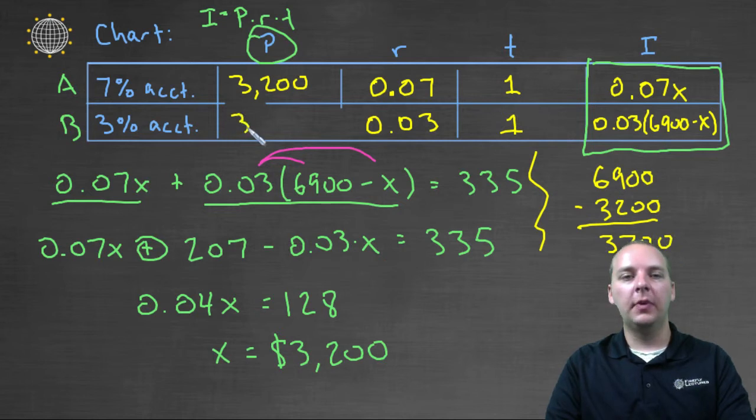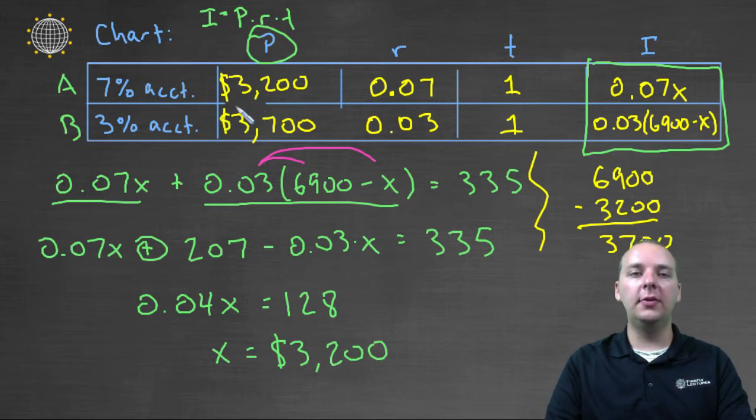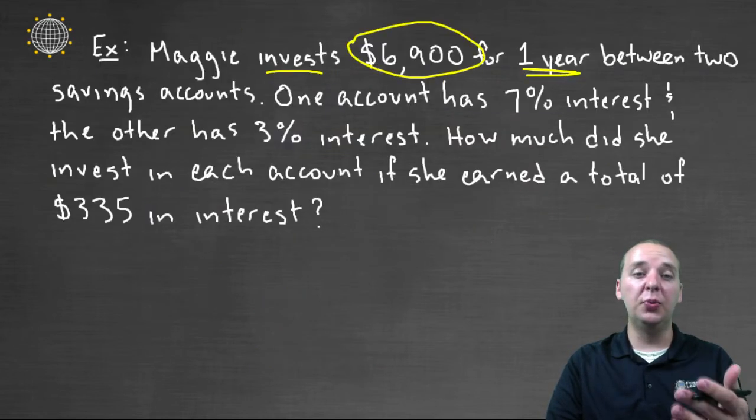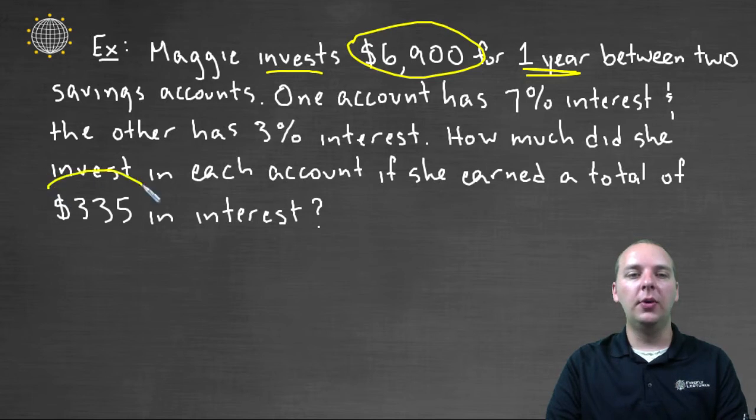Okay, if you wanted to take the time to go back and check this, you could do a couple things. First of all, notice that her total investment is $6,900 if you add the two quantities together. And then you could also go through the math and then verify that the interest that she really earned from both accounts really was $335.